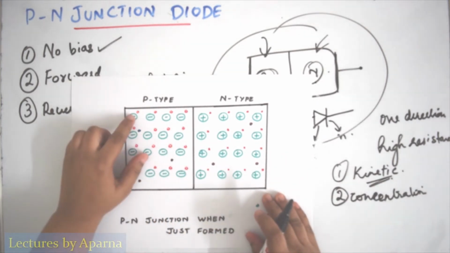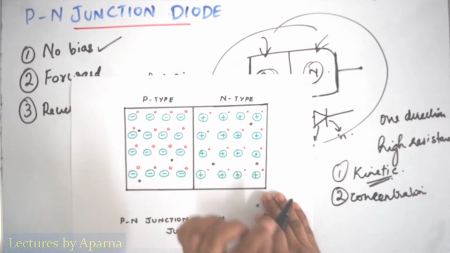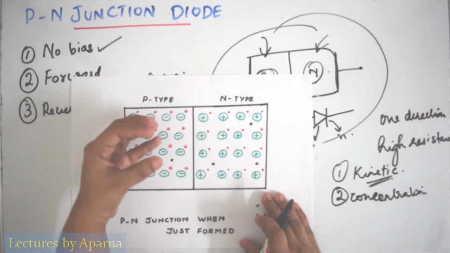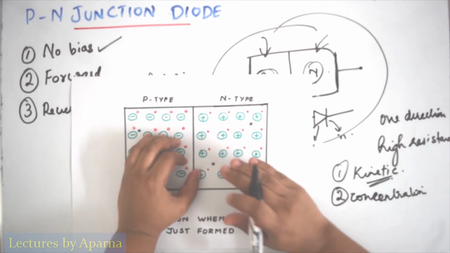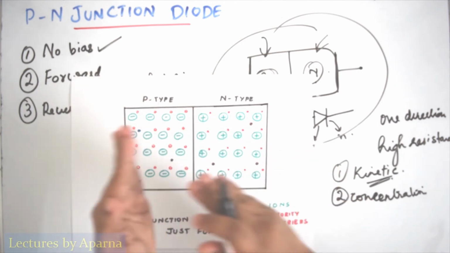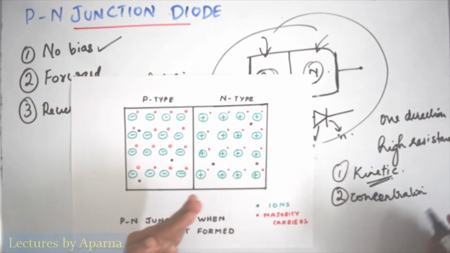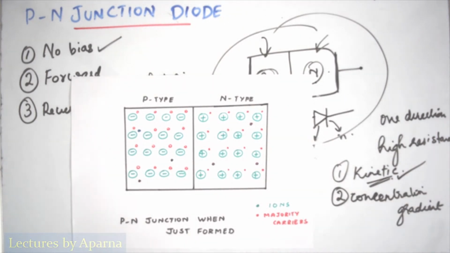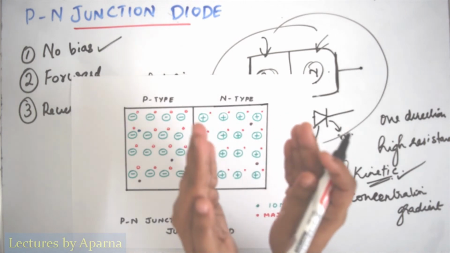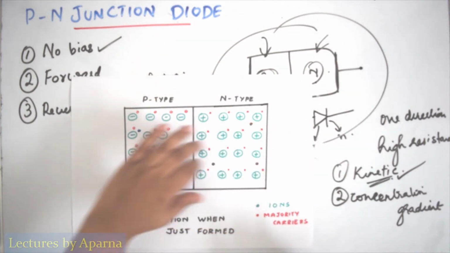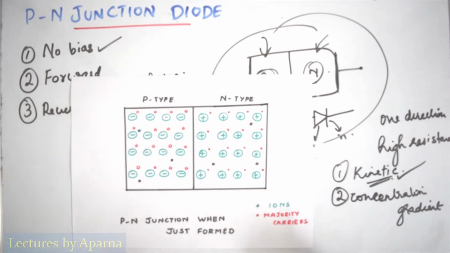In the P-type region, holes will be the majority carriers, whereas in the N-type region they are minority carriers. So here in the P-type region, holes will be more in number, whereas in the N-type region, holes will be lesser in number. So they move from a higher concentration area to a lower concentration region. So the concentration gradient is one reason, and the other one is kinetic energy. Likewise for electrons also, on this side electrons will be more, on this side electrons will be less. So they tend to cross the junction and move to the P-type region.